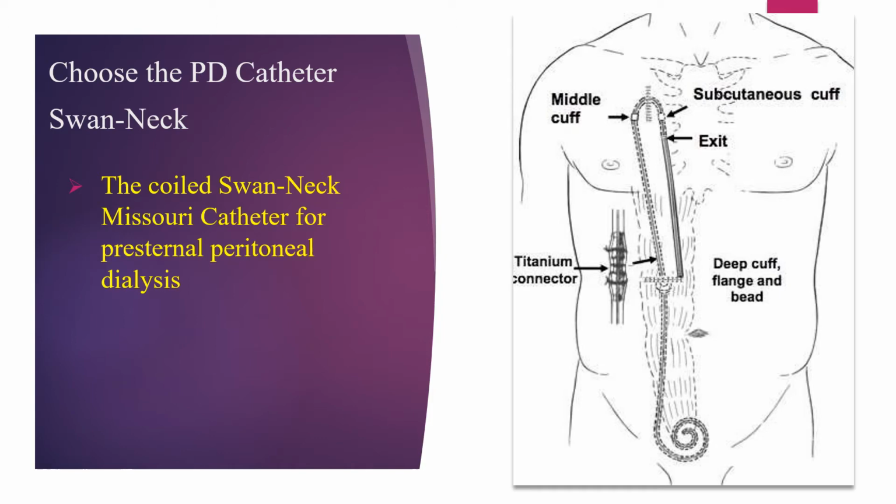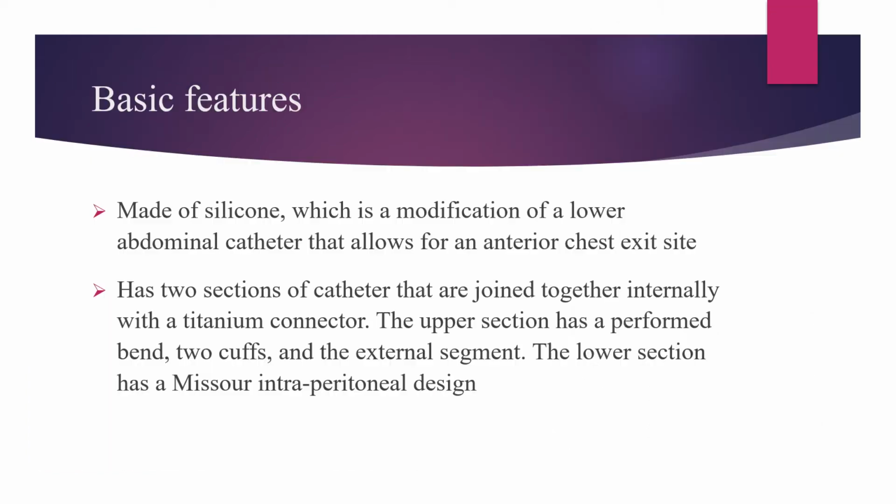Here, I use the coiled Swan neck Missouri catheter as an example to discuss how to choose the catheter for pre-sternal peritoneal dialysis. The Swan neck Missouri catheter for pre-sternal use is made of silicone. It is a modification of a lower abdominal catheter that allows for an anterior chest exit site.